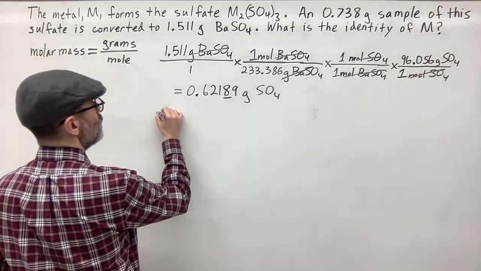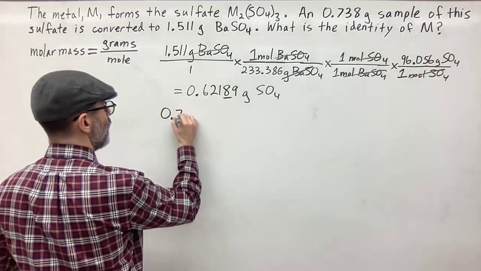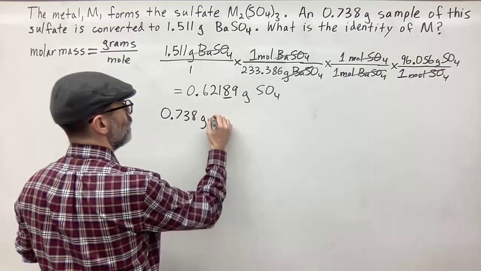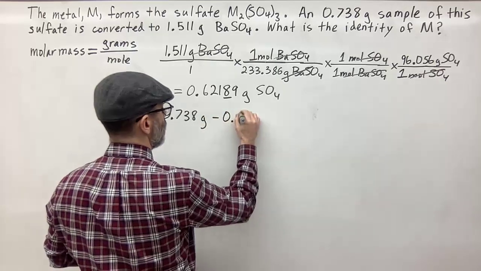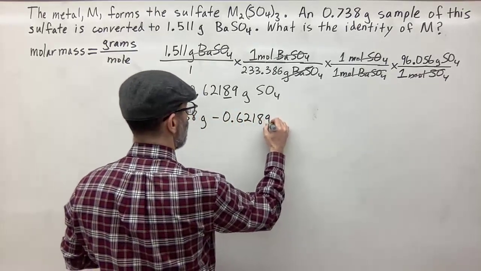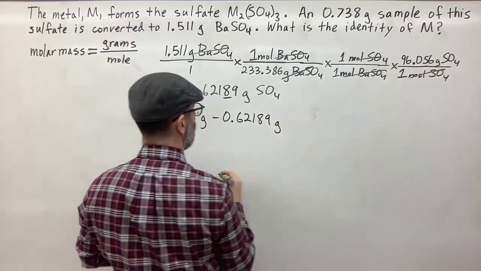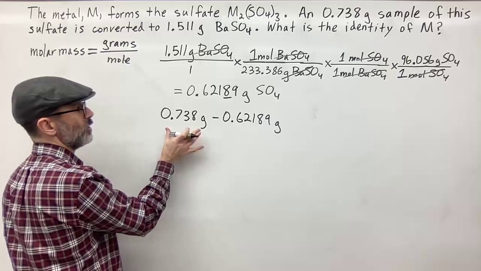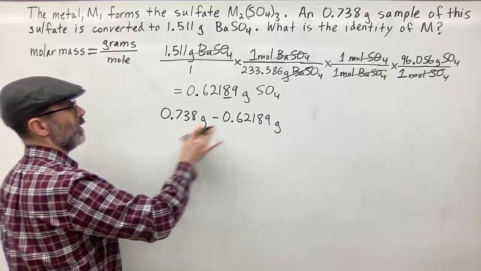So I have 0.738 grams minus 0.6218 grams of the sulfate. So this is the mass of the M2(SO4)3.